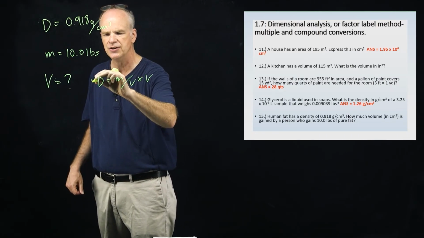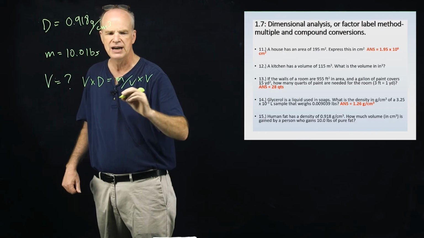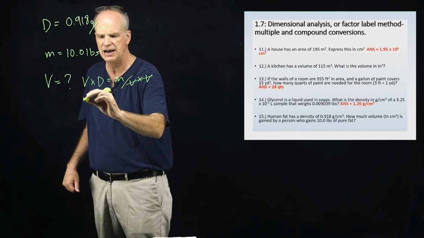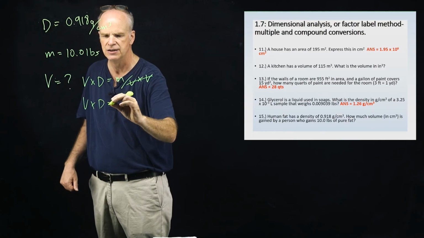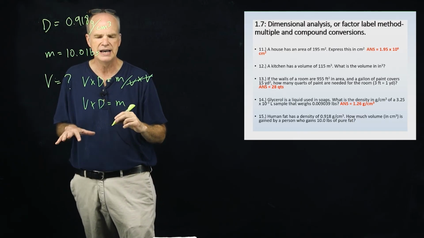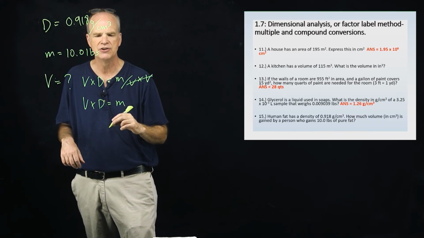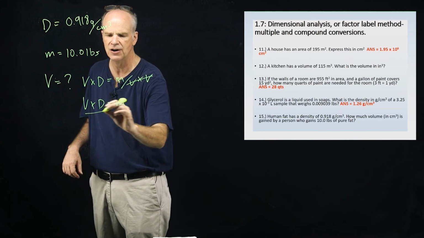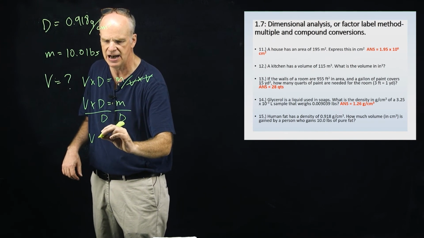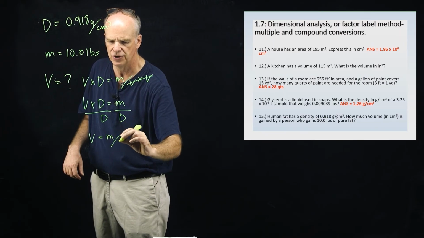When I do that, v in the denominator cancels out with v in the numerator, and so now I have v times d is equal to m. We don't quite have volume by itself, so we have to divide both sides of the equation by d, and so v is equal to m over d.